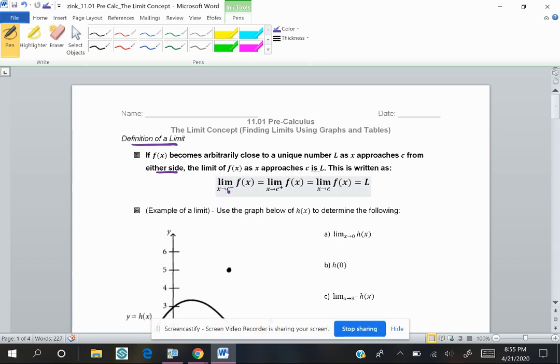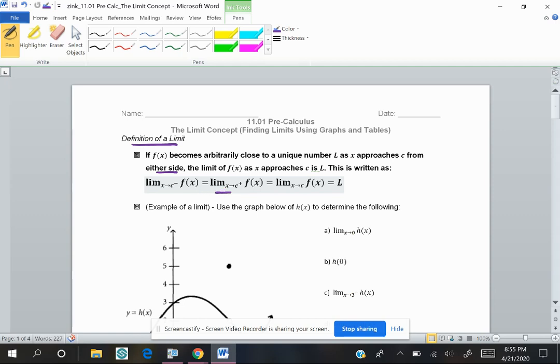So here's how we write it. You write the limit as lim of f of x, and right down here, you see x with a little arrow to c, and there's a negative up here. That negative means that you're coming from the left side of c, getting closer and closer to c.